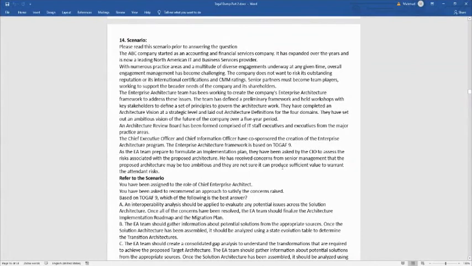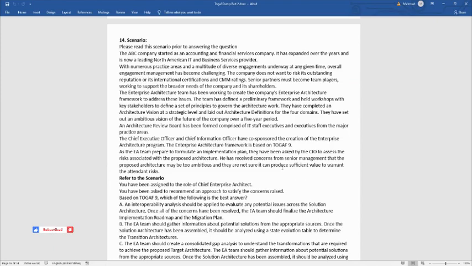Question 14. The company is a basic accounting and financial services company. It has expanded over the years and is now a leading North American IT and business service provider, with numerous clients and a quantity of engagements under way at any given time. Overall, engagement management has become challenging. The enterprise architecture team is working to create the company enterprise architecture framework to address this issue.